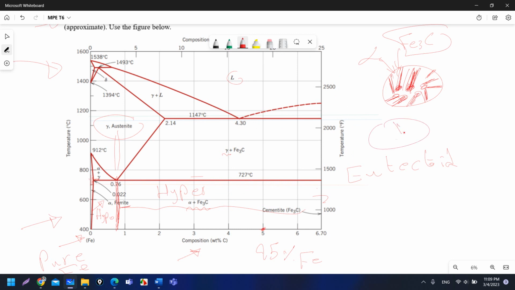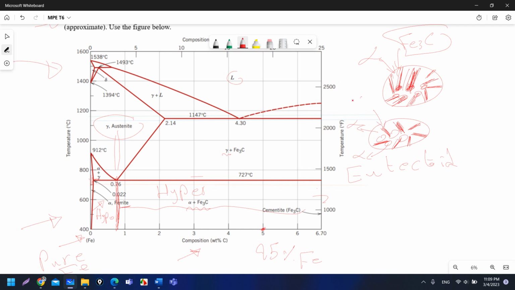And if you are to the left of the eutectoid point, you will have a lamellar structure also, but you will have particles, or primary particles, of alpha. This one is alpha, and the white region in the lamellar structure is alpha.